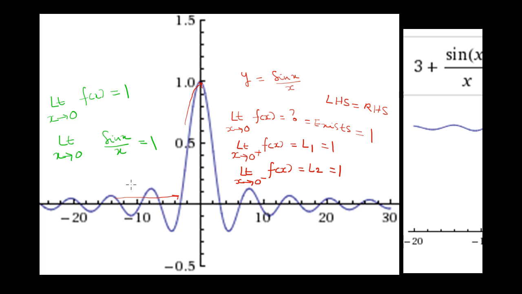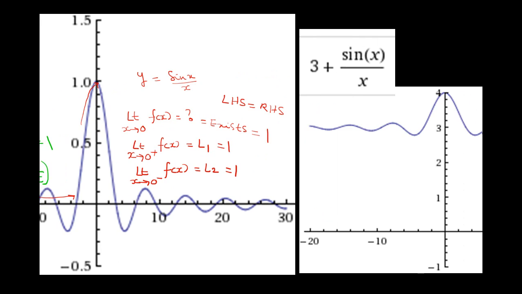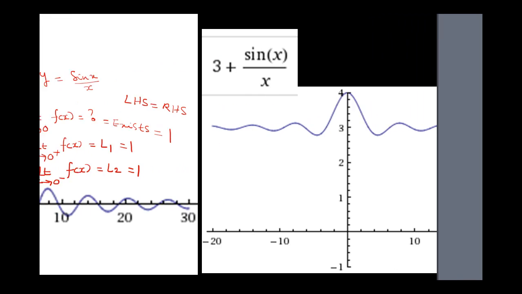If this is the case, then what happens to this limit? Limit x tends to 0, 3 plus sine x by x. I'm making a small change in the function by adding a constant 3. Then what happens to this limit? Let's study that. For that I have plotted the graph of 3 plus sine x by x here.